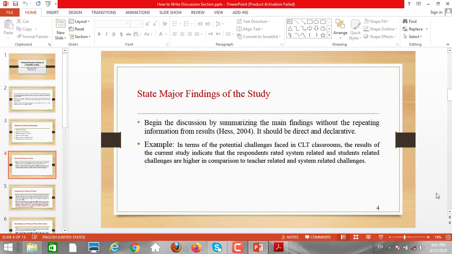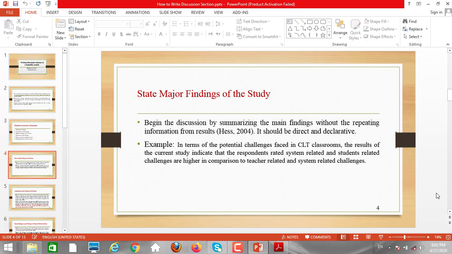All right. The first one is state your major findings of the study. This is going to be the first sentence in your paragraph in your discussion section. You have to briefly state your major findings without providing a lot of details and without providing repeated information.